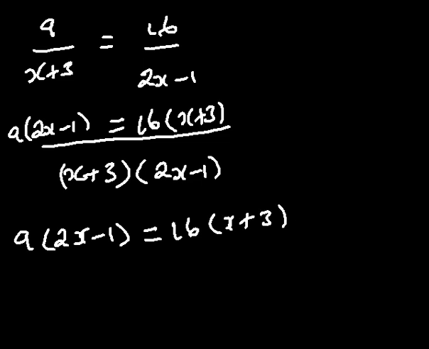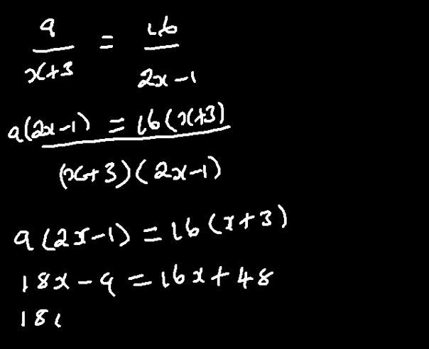Then from here we just have to expand. That is 9 times 2x, that is 18x, and then minus 9, which is equal to 16x, and plus, what is 3 times 16? It should be 48. Having the like terms, we'll have 18x minus 16x, which is equal to 48 plus 9.